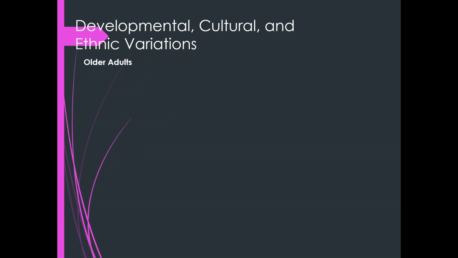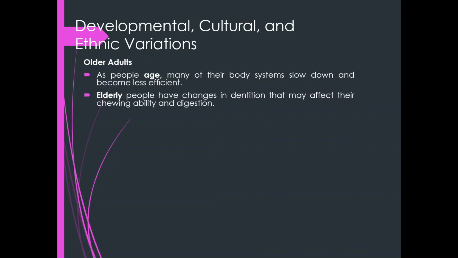In older adults, as people age, many of their body systems slow down and become less efficient. Elderly people have changes in dentition that may affect their chewing ability and digestion. There is less calcium in their body, and the bones become brittle.